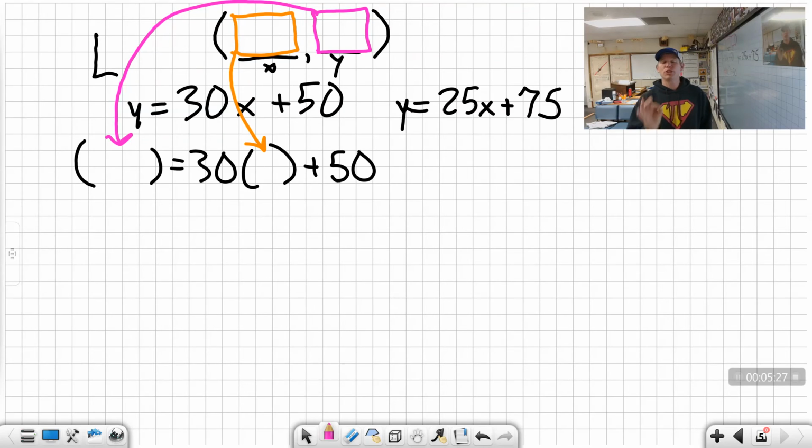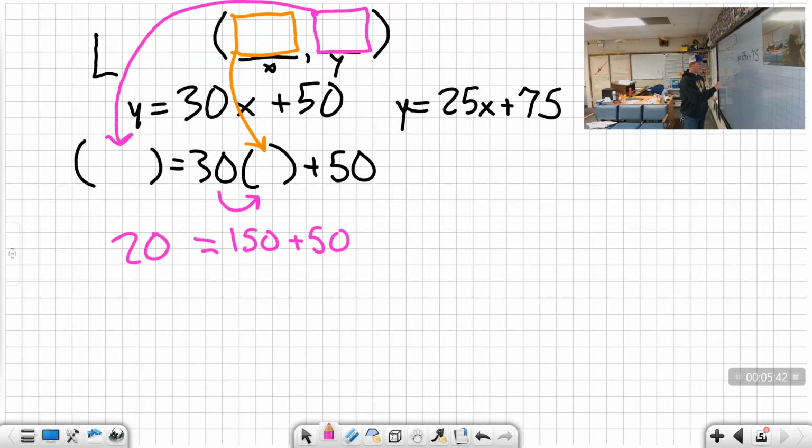And then you're going to do the math. You need to say, well, 30 times this number, let's say it's 150. 150 plus 50, does that equal 200? Question mark? It sure does.